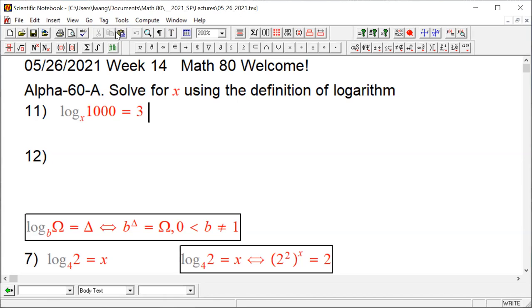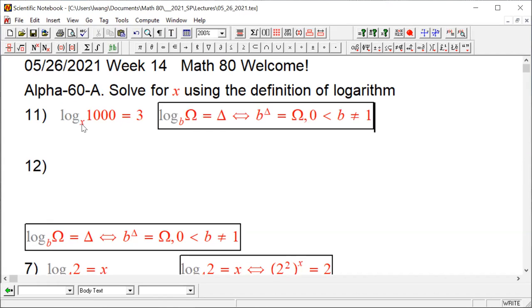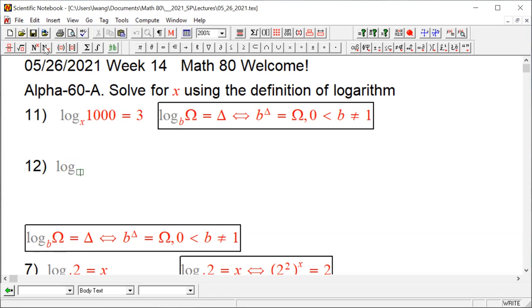If you look at the definition, what place do we have the unknown? The unknown is at the position of the base. Number 12: log base x. The number at the omega place is 25, and the triangle place is 2. Do you follow me?